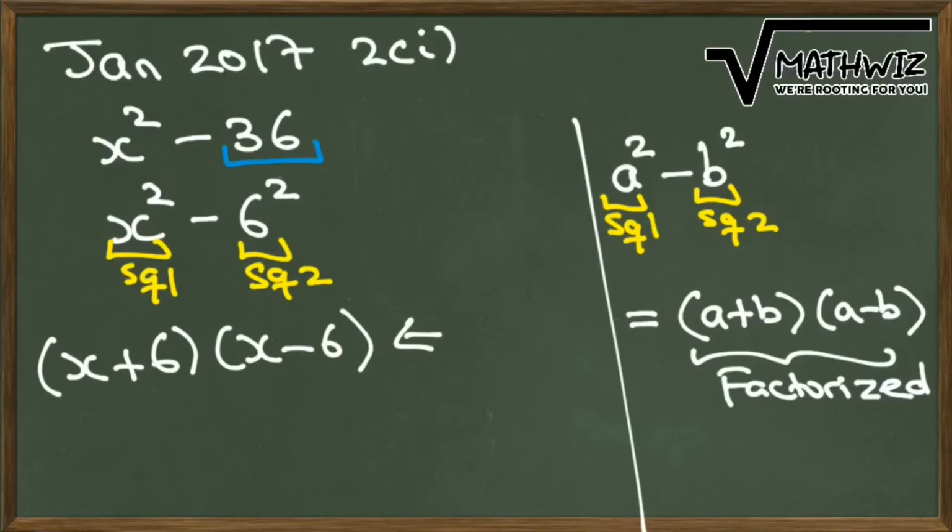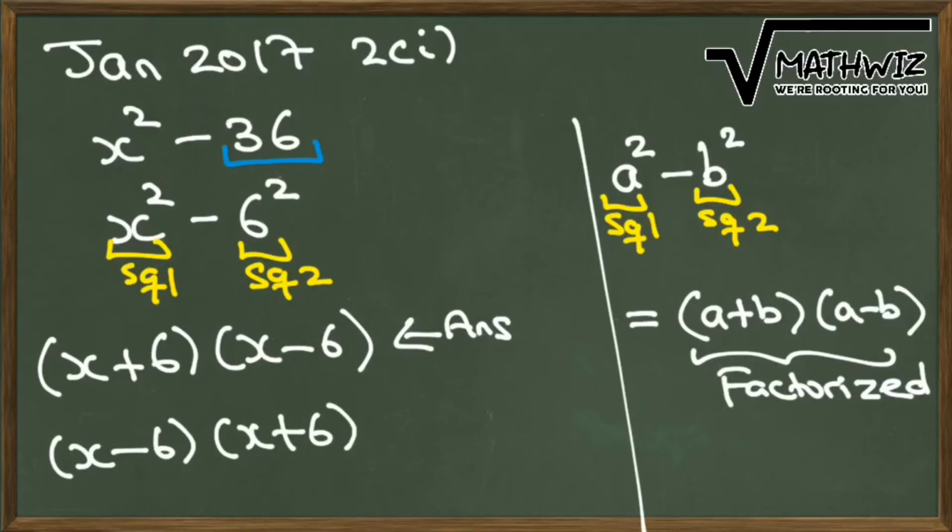That's going to be your answer, but let me clarify some common questions. If you wanted to put x minus 6, x plus 6, you're allowed to do that, and that is because of the commutative law, which says that if I have 2 times 3, it's the same thing as 3 times 2.